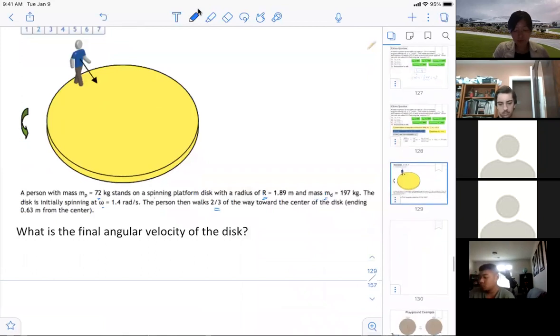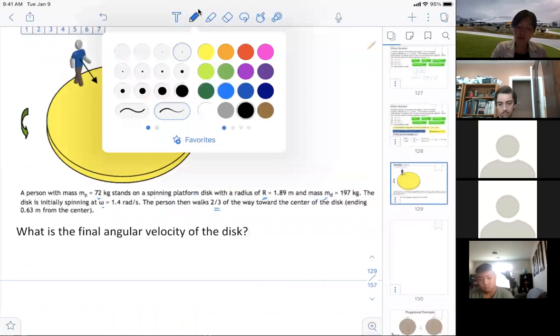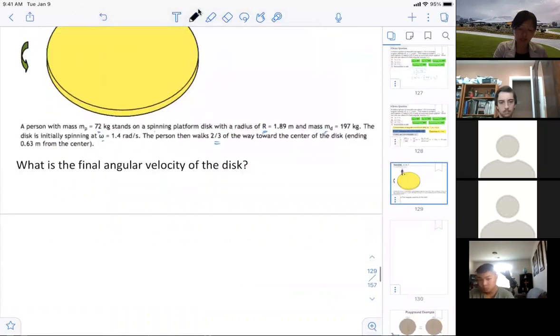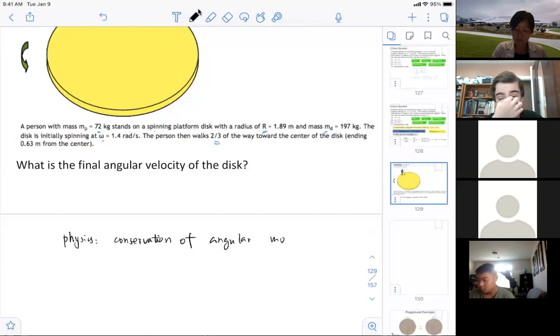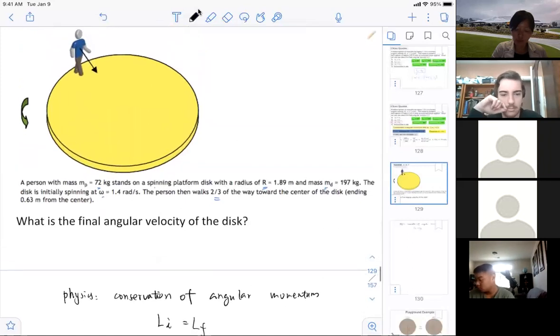Okay, so now this system has two parts. Now let's say, well, I know our physics is conservation of angular momentum, which takes on this particular format when we don't have external torque, right?